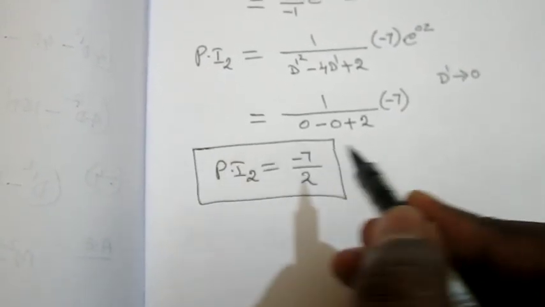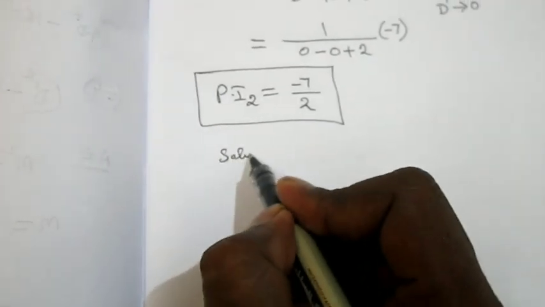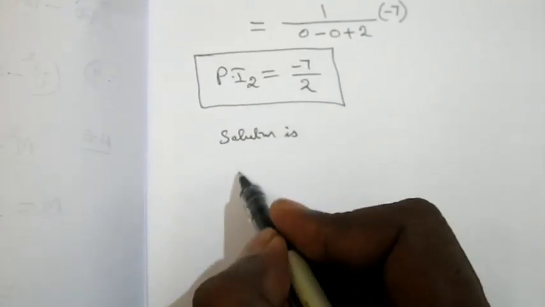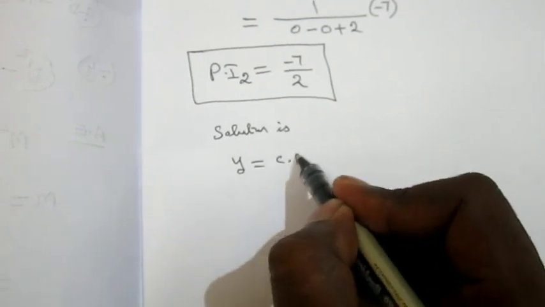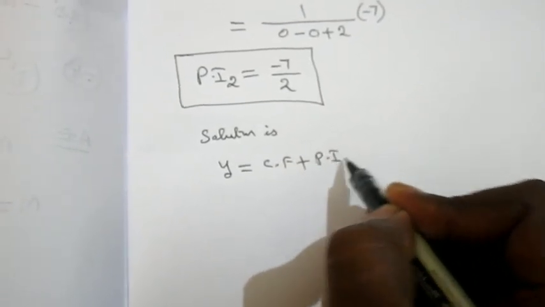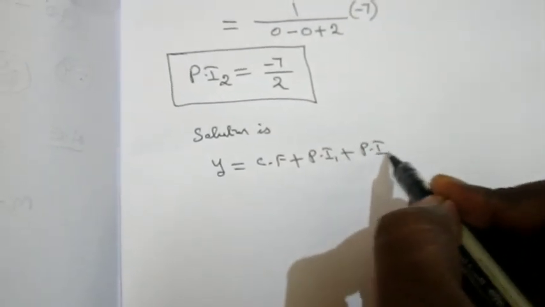So we found particular integral 1 and particular integral 2. So the solution is y equals CF plus PI1 plus PI2.